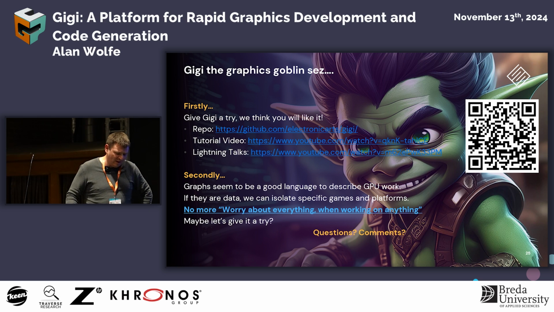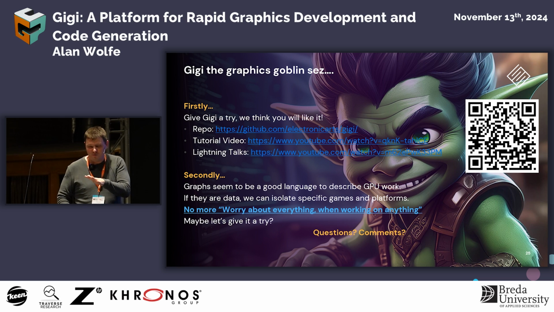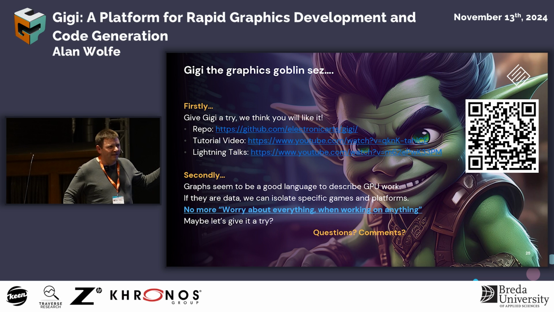But yeah, the thing about making variations of the Gigi graph, this is going to terrify some people, but I think it would be cool to be able to mark variables as permutations of the graph, but limit it to bools and enums, so you have a fixed number of possible values. Then we could have a quality setting like low, medium, high, and if you say the graph should permute on that, it will make 3 graphs optimized towards those values being constant. Yeah, so I agree with you.